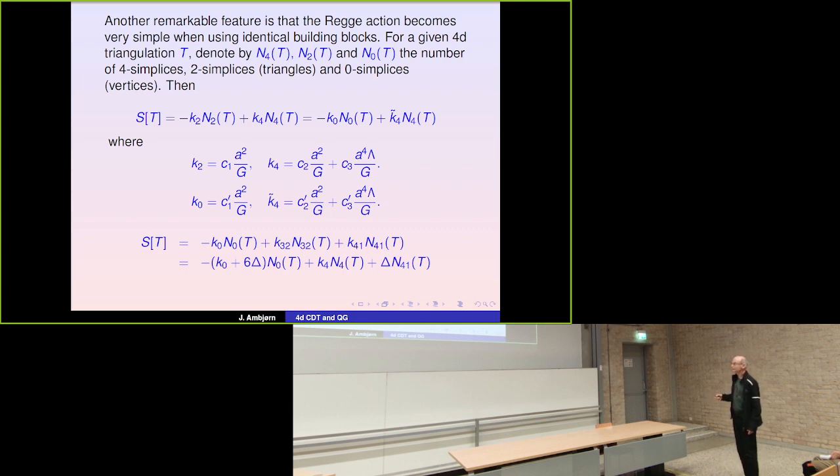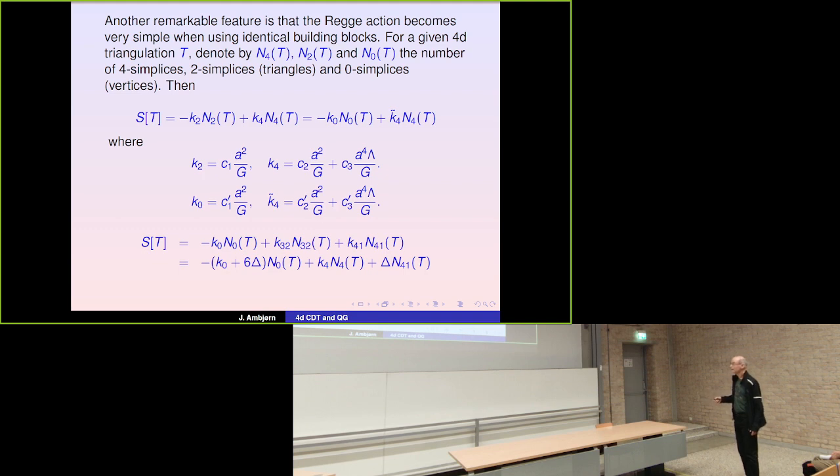Now let me take a four-dimensional triangulation T, and let the number of building blocks be N4, the number of triangles be N2, and the number of vertices be N0. Then the action is just this expression here: K2, some dimensionless coupling, times N2, plus K4 times N4, where K2 and K4 are related to the continuum gravitational coupling constant and cosmological constant in this way.